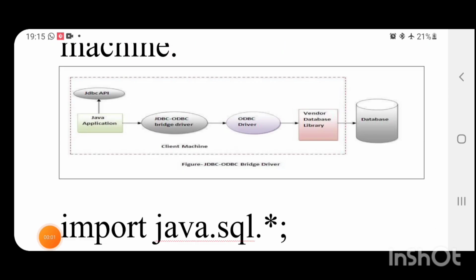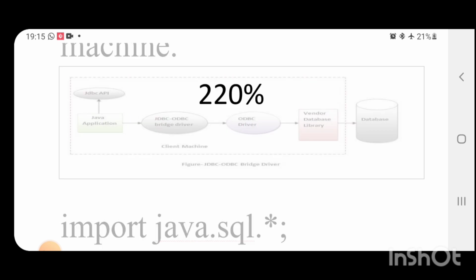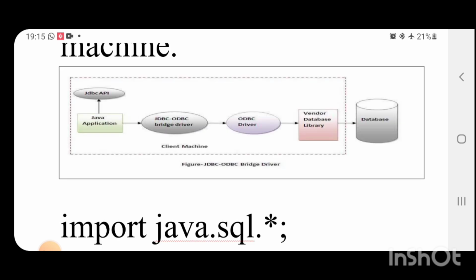Okay, so first one is the JDBC ODBC bridge driver. So what is the JDBC ODBC bridge driver doing? It converts the JDBC call into the ODBC call. Here, on the client side, the JDBC ODBC bridge driver is there, and the ODBC driver also exists. The ODBC driver lies on the client machine, and it will convert all the JDBC calls into ODBC function calls.